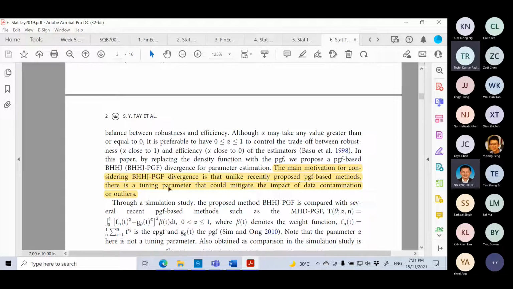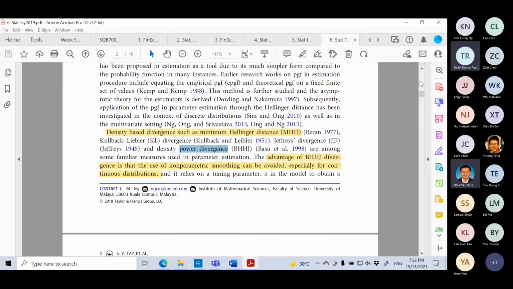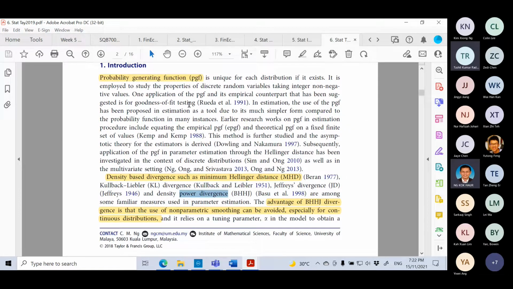So this one is their selling point, the tuning parameter. Okay, so in your literature review section, you need to tell people what your selling point is. When we go through a research paper, from their introduction, you can see what research gap they are going to address.